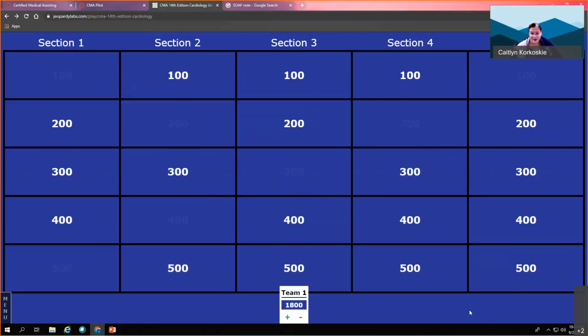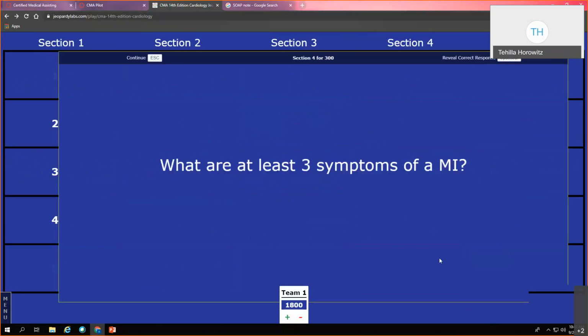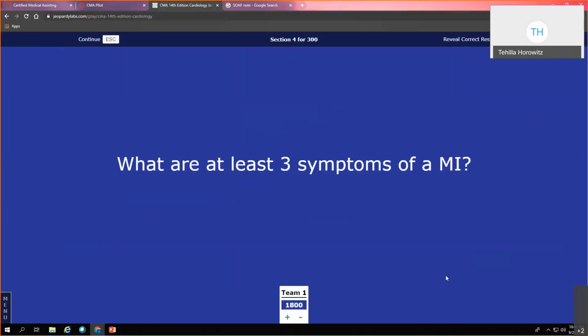I'll do section 4 for 300. So what are at least 3 symptoms of an MI? Do you remember what an MI stands for? Myocardial infarction. Which is a fancy way of saying what? Heart attack. Yes. So what are some symptoms of a heart attack?